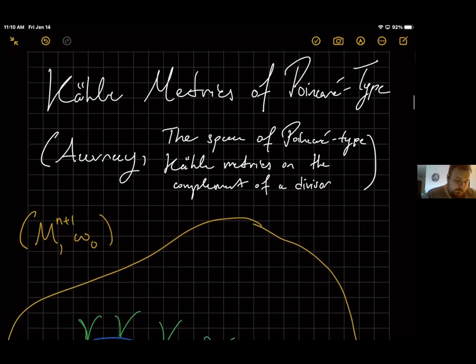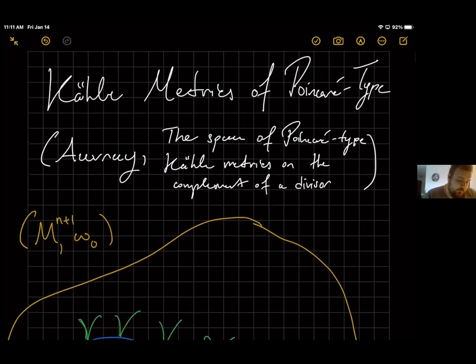And the best resource for the details on these Poincaré-type metrics is a paper by Auvray, which I've written out the title of here, The Space of Poincaré-Type Kähler Metrics on the Complement of a Divisor. He has multiple papers, which are great resources for Poincaré-type theorems, but this one lays out all of the basics.